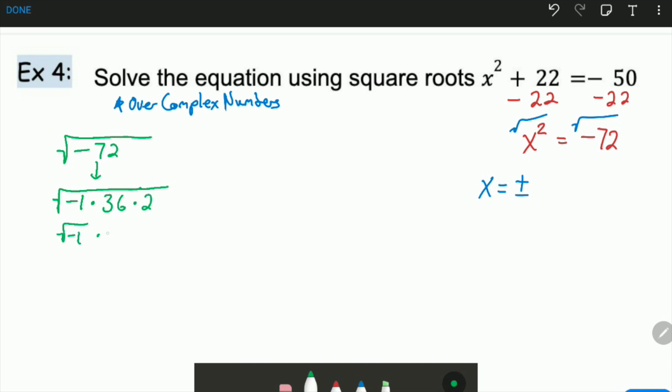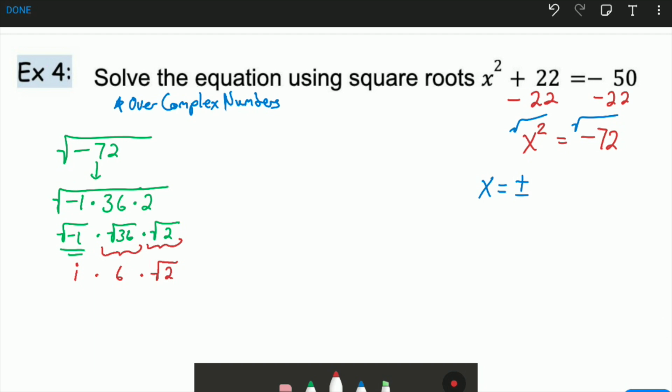So I've separated it into the different factors that will be helpful for this situation. The square root of -1, as discussed, doesn't actually exist, but we are referring to it as i. The square root of 36 is 6. And the square root of 2 we can't actually do without getting into a decimal, so we'll leave it as the square root of 2.